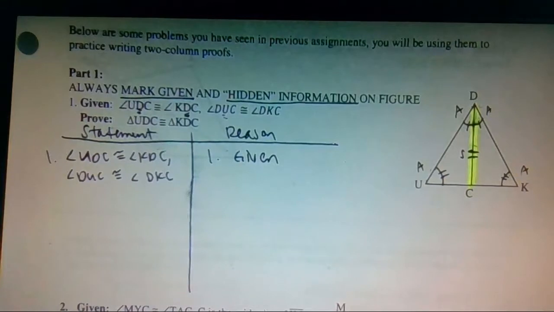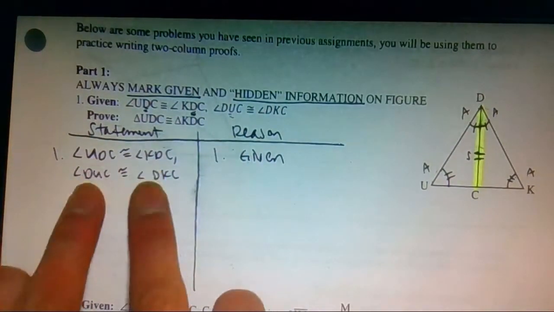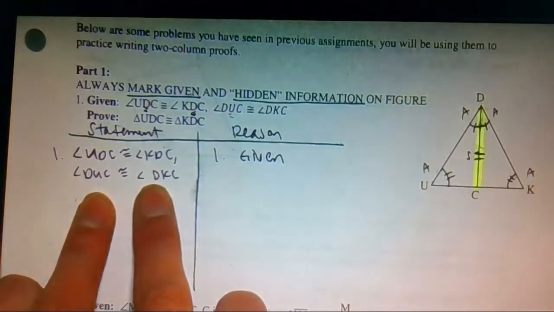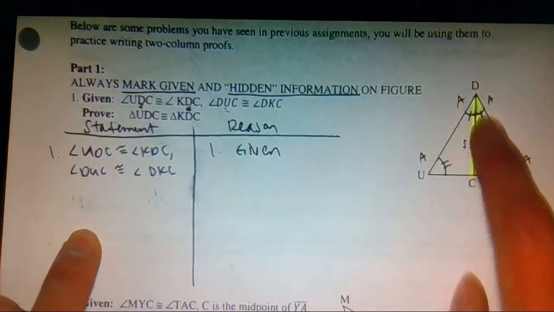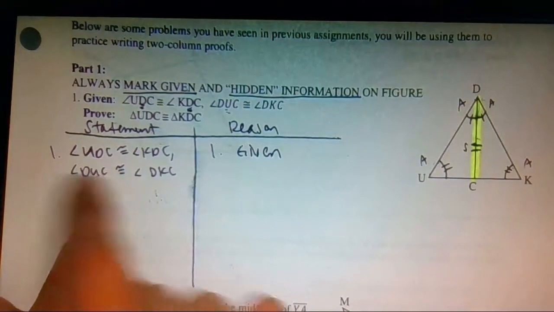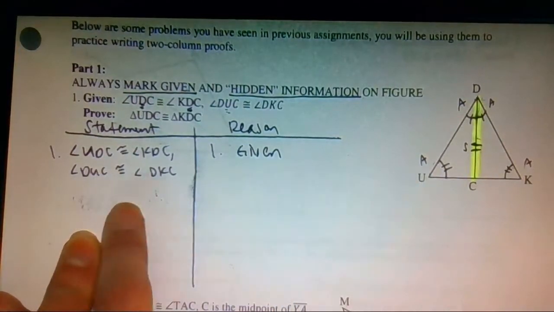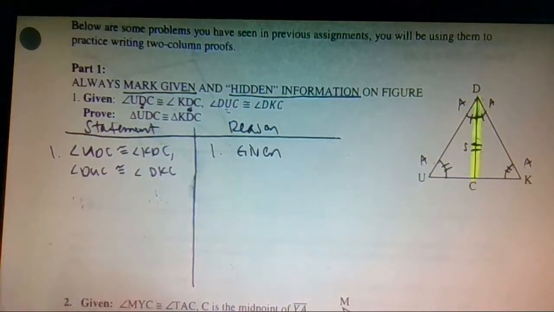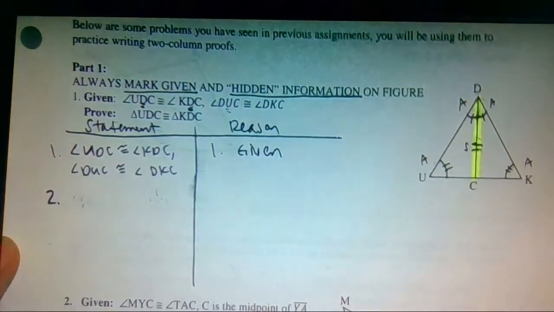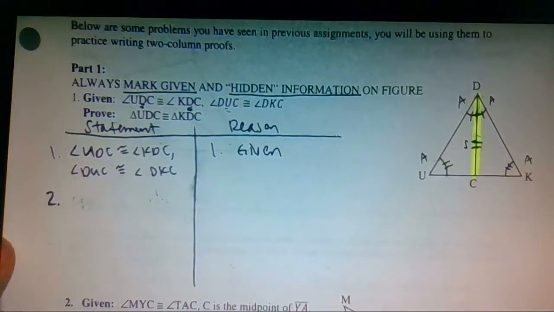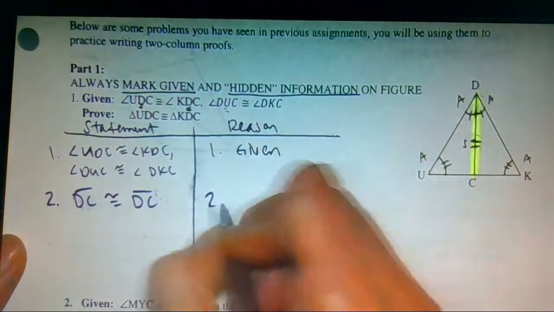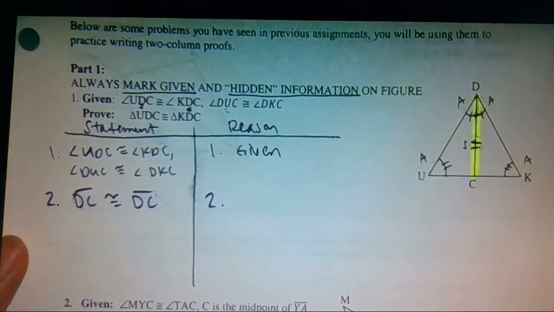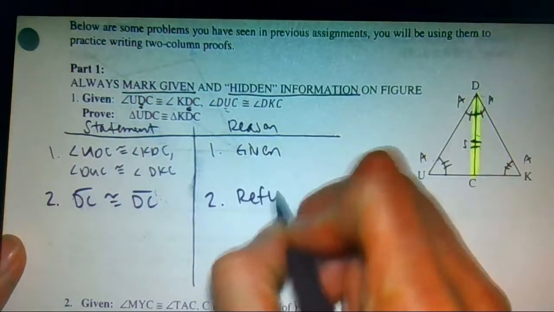So notice I have 2 angles written down, right? What piece am I missing on here? The reflexive. I need to make sure I write down everything I mark on my triangle in my proof. So my next step, how do I name the reflexive? DC congruent to DC. What's my reason? Reflexive. Raven, write this down, please.